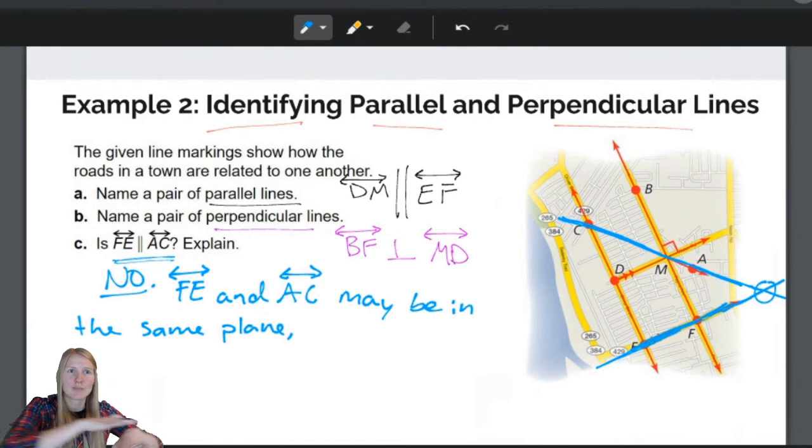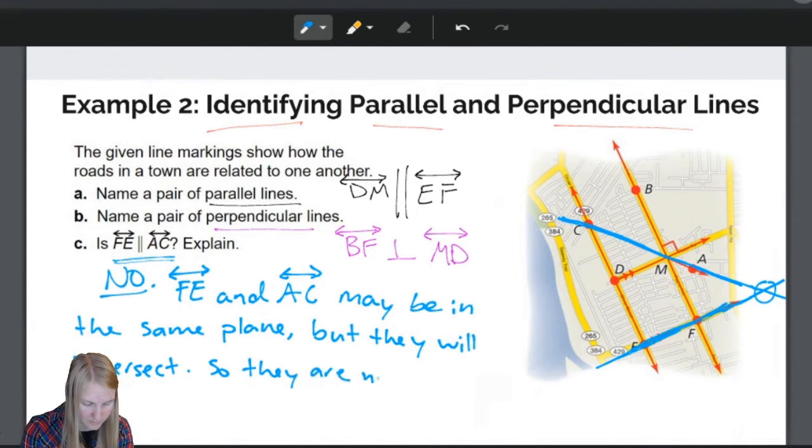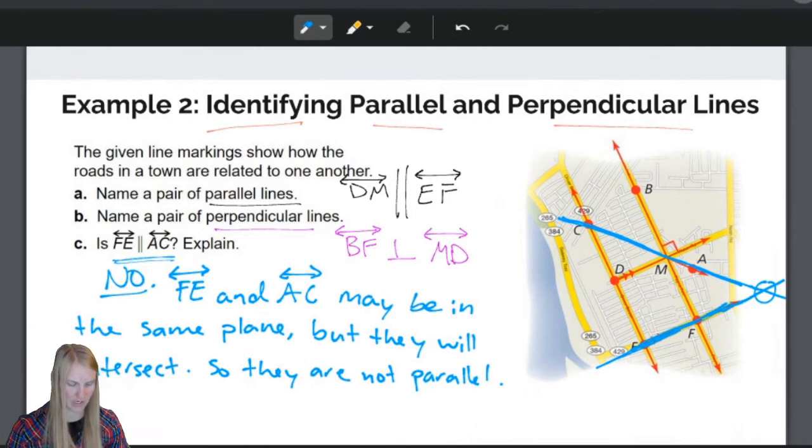So they're in the same plane that is the ground. So they may be in the same plane, but they will intersect. So they are not parallel. Because parallel lines never intersect. Okay, and there we have it.